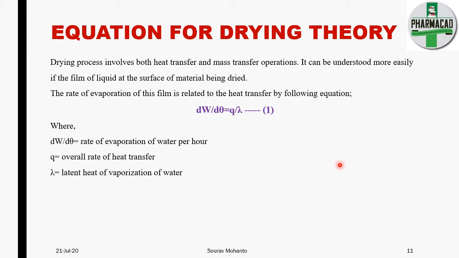Now next is the equation for drying theory. In the drying process, both heat transfer and mass transfer take place. To understand the drying theory, or to derive the equation for it, we need to start with the evaporation of a film.